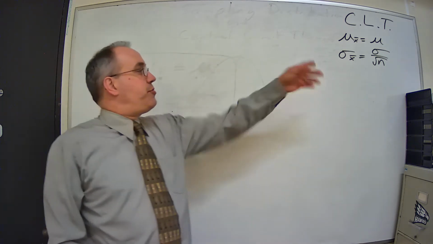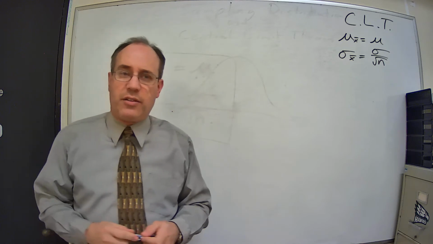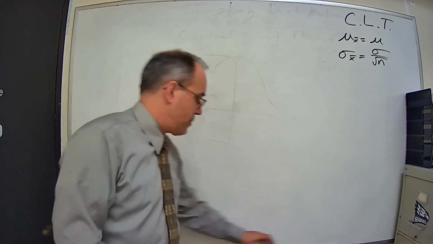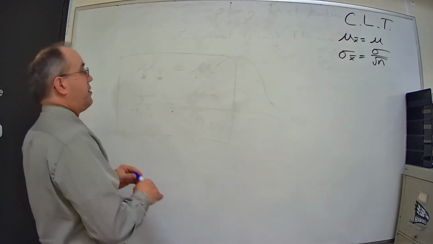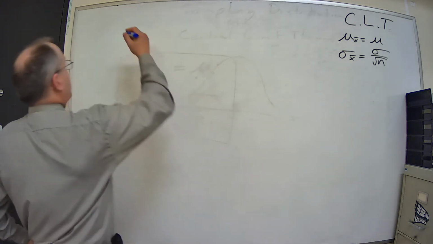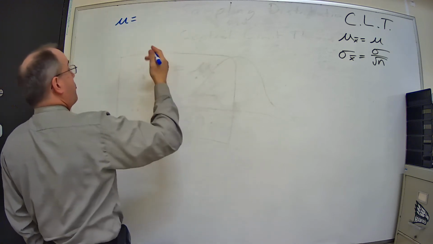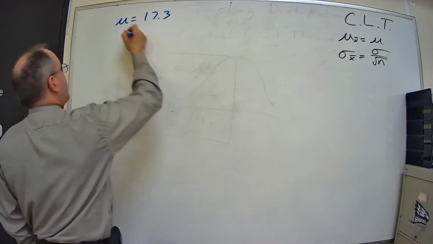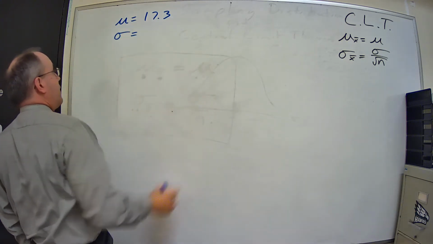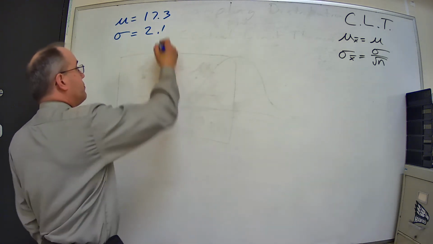So I'm going to use this to just do some basic calculations to start with. Let's say we have a normal distribution where mu is equal to 17.3, sigma is equal to 2.1.